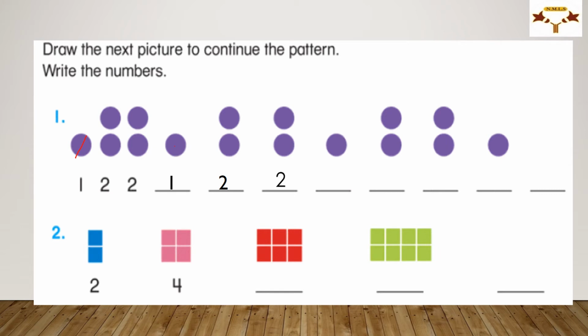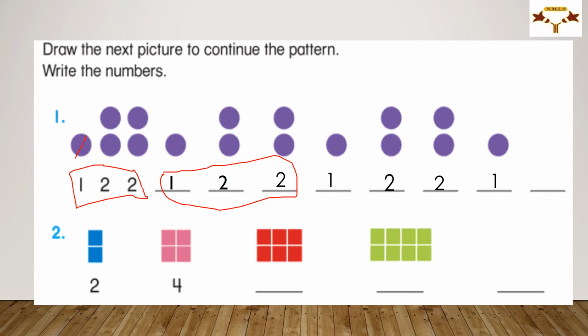So you can figure out it's a repeated pattern. 1, 2, 2, then it's repeated, becomes 1, 2, 2. So here exactly it will be 1, 2 here and here 2. And here I have only 1.